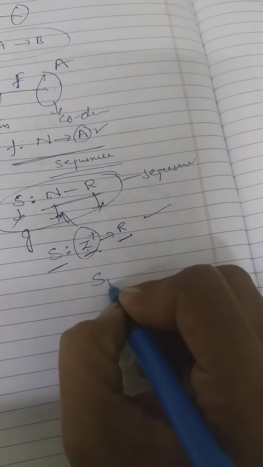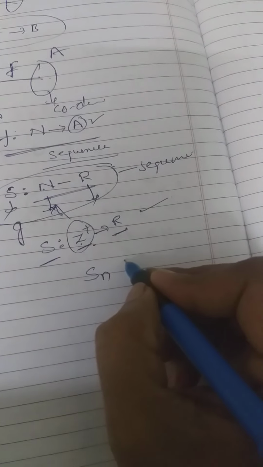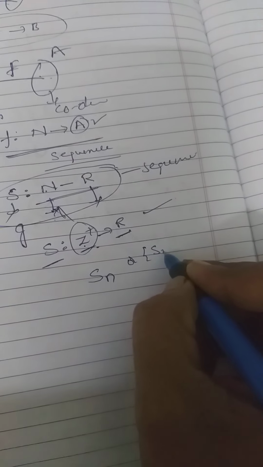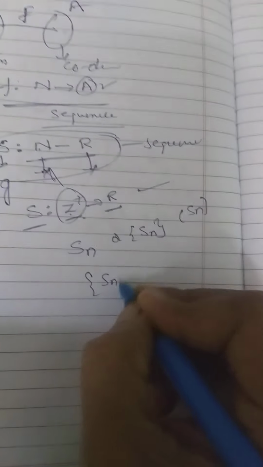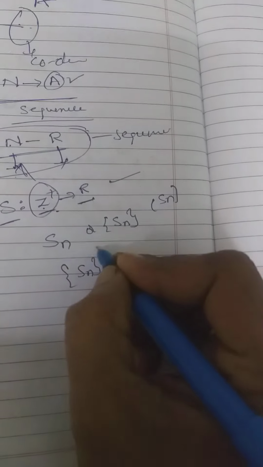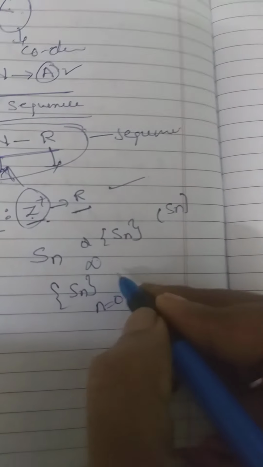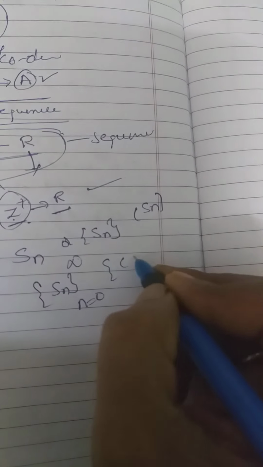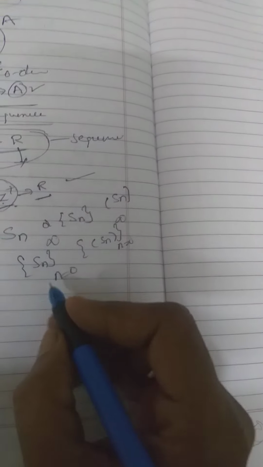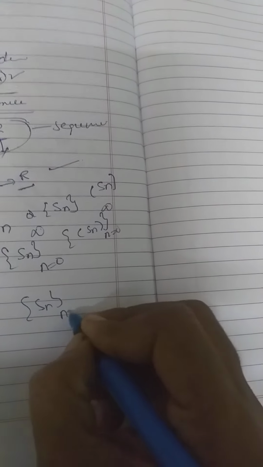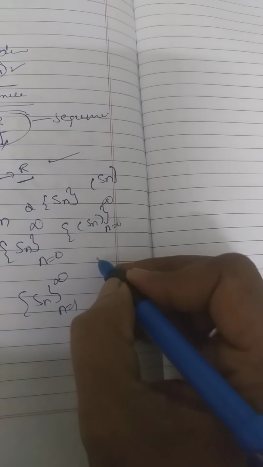A sequence is generally denoted by the notation S_n within braces, or S_n within parentheses, with n running from 0 to infinity. These are the standard notations. Sometimes they will give S_n with n running from 1 to infinity.